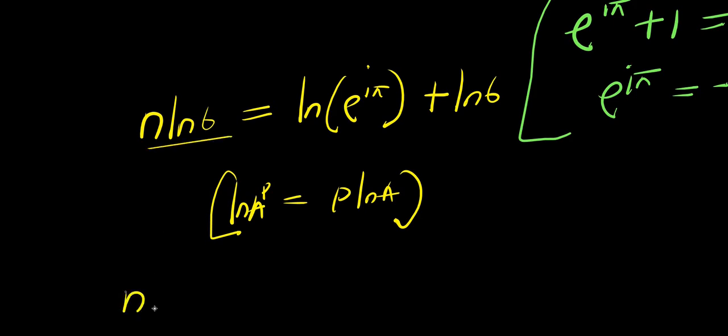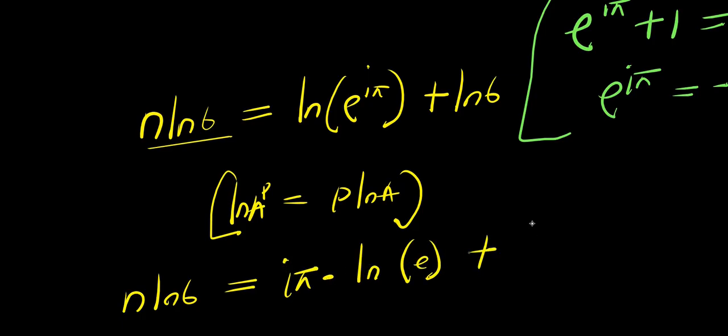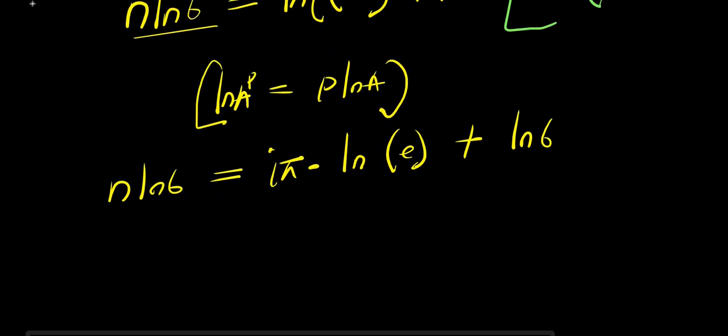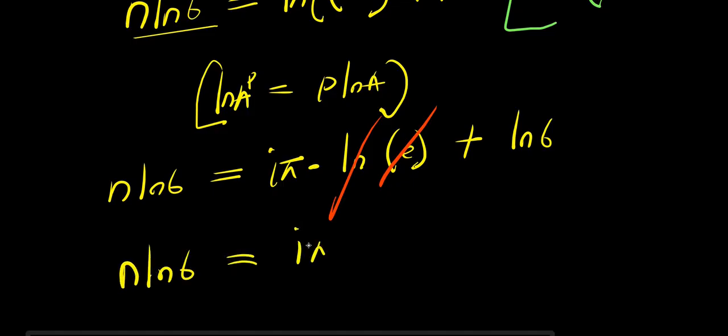So we have n times natural log of 6 equals I times pi times natural log of e plus natural log of 6. So from here, natural log of e cancels out. I have n times natural log of 6 equals I times pi plus natural log of 6.